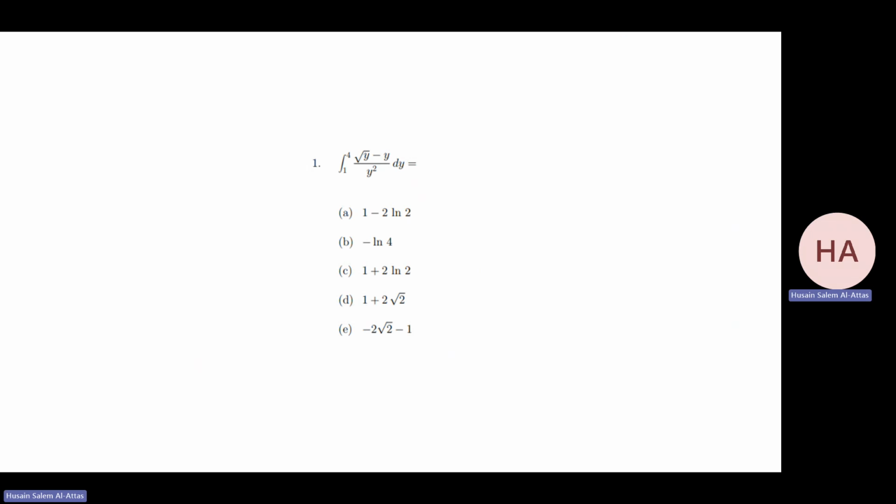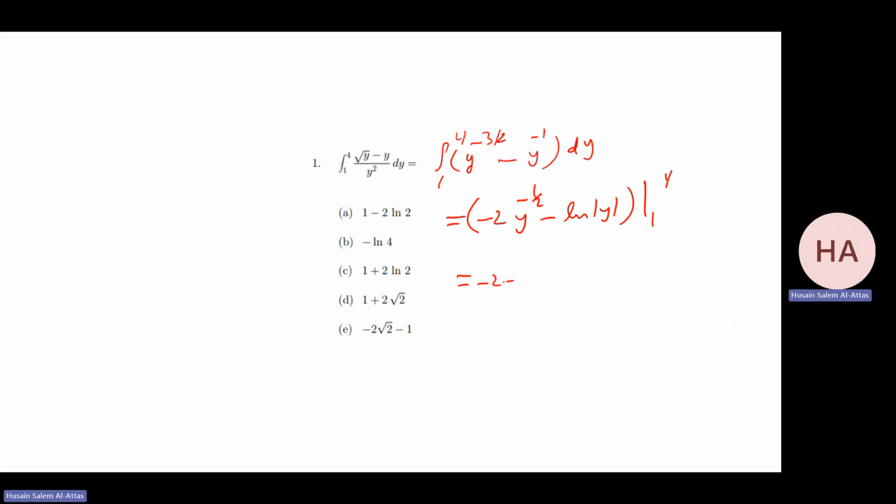Okay, now let us do another problem. This is just change it into exponents. That will be y to the half minus 2, which is minus 3 over 2, minus y to the minus 1 dy. Integrate, add 1, so that will be minus 2y to the minus half, minus ln of y. This is from 1 to 4. So that gives me square root of 4, which is 2, with the minus to the power minus 1.